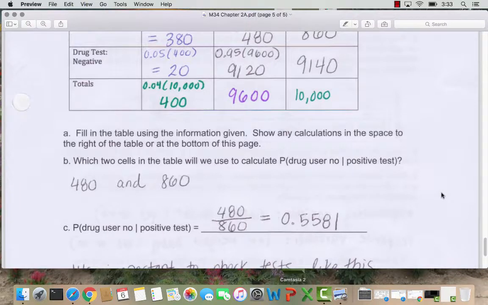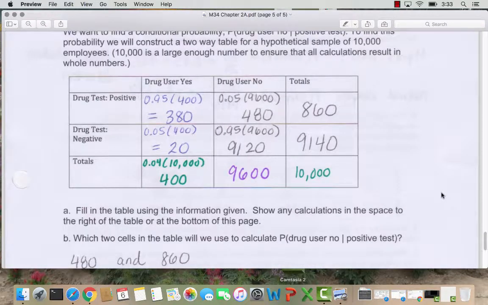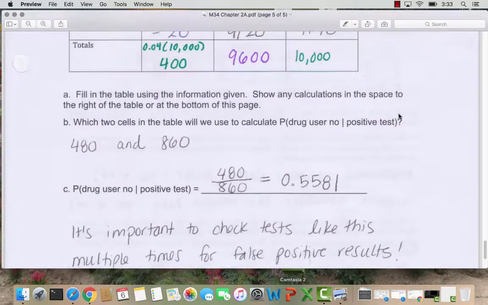This is what we think of as a false positive. So the two cells we have to use are not a drug user and getting a positive result, the 480 people here, out of the total who got a positive test, the 860. This is a conditional probability, and we're conditioning on the fact that the drug test came back positive. So we see 480 out of 860 is 0.5581 probability.